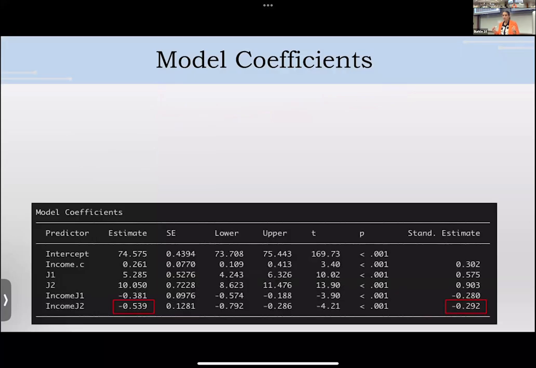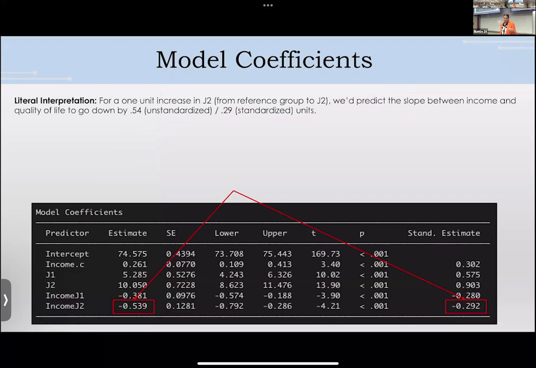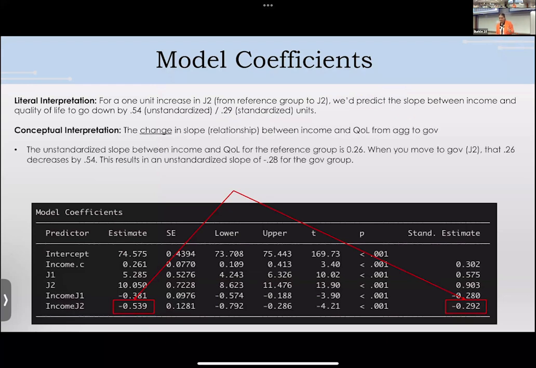Last line, here's the last one, right? This is another moderator term, so it's a change in slope. So if we want to literally interpret this, we would say for a 1 unit change in our moderator, which is J2 here, we'd predict the slope between income and quality of life to go down by 0.54 unstandardized or 0.29 standardized. So we're starting again at 0.26, right?